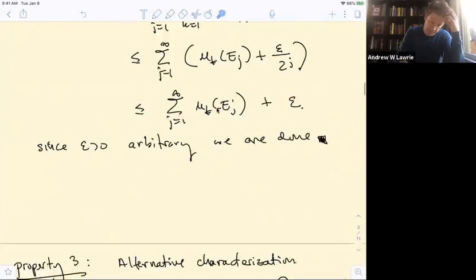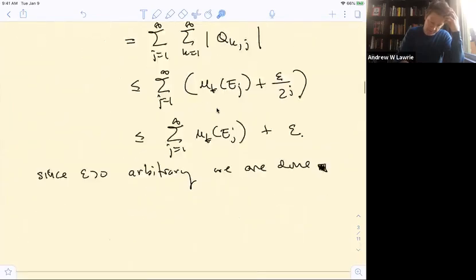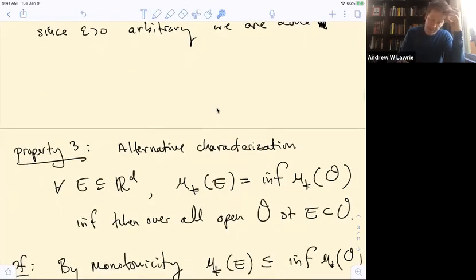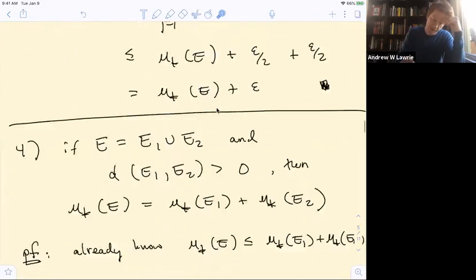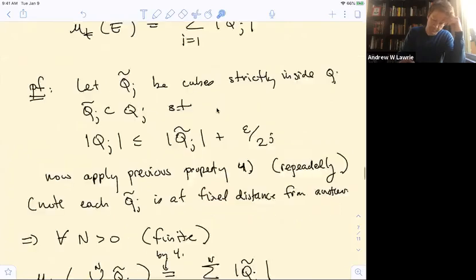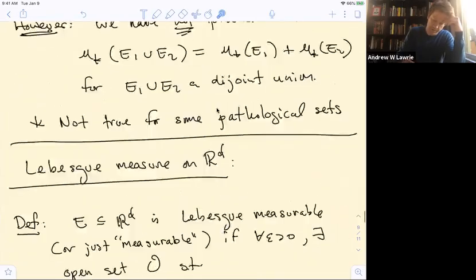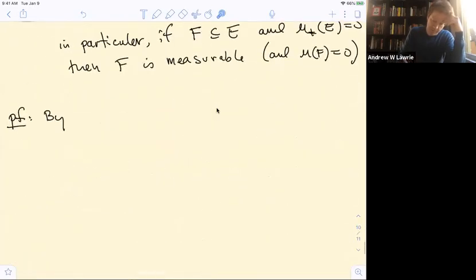Maybe I should have called these something else. So I'm going to use property 3 for exterior measure.